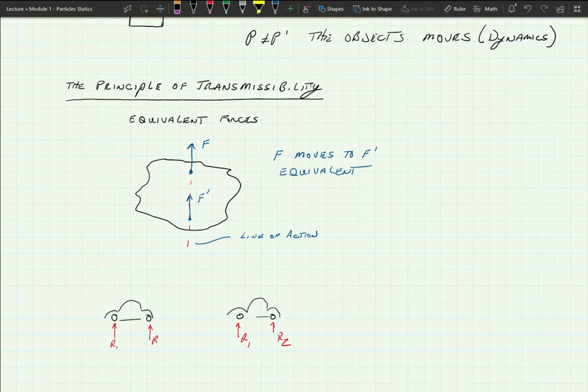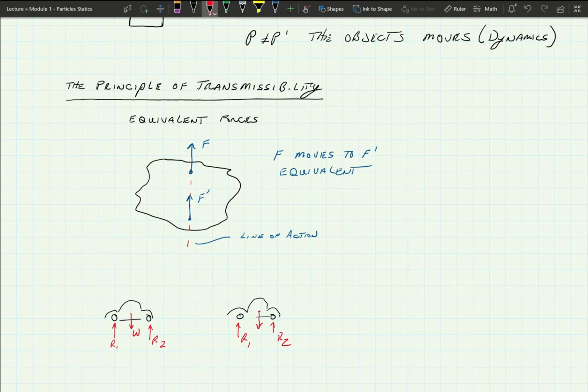Let's make that R2. Okay, so those will remain the same. The other thing that's going to stay the same is the weight of the car. We're going to call that W, at the center of gravity. That'll become important down the road, and we'll talk about center of gravity in a couple lectures.